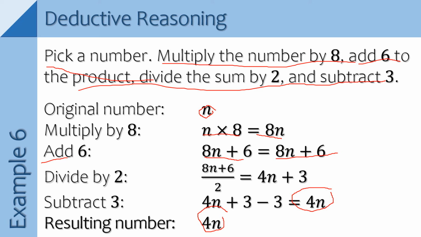And if we replace n by 6, 4 times 6 is equal to 24. As we stated with the n, it ends up with 4n. So the procedure given in this example produces a number that is 4 times the original number.